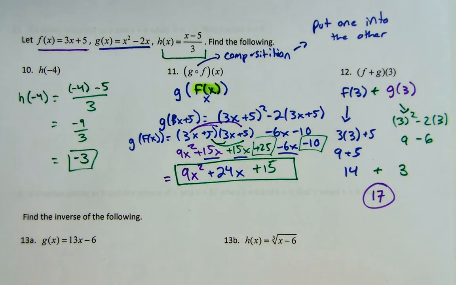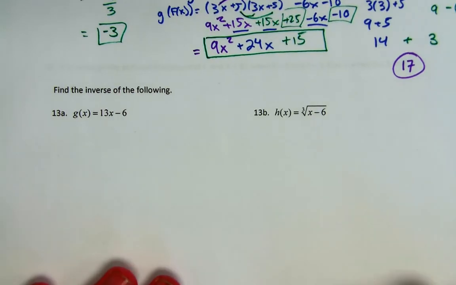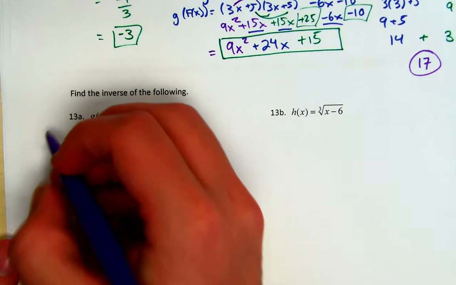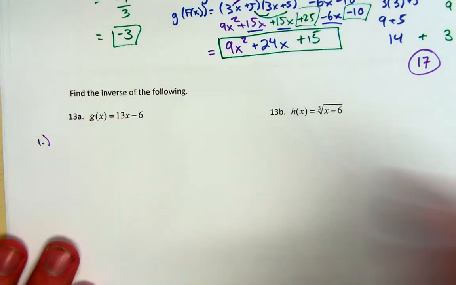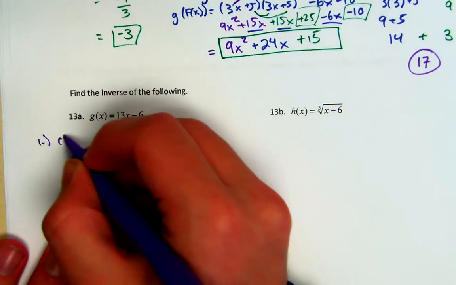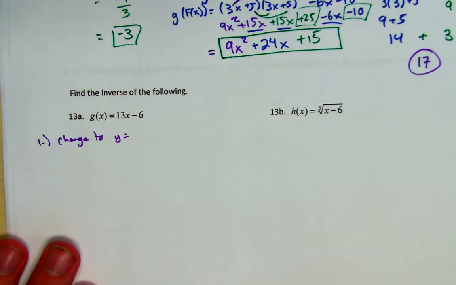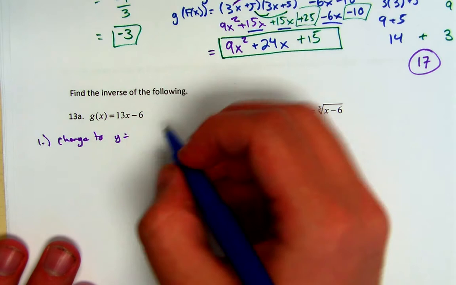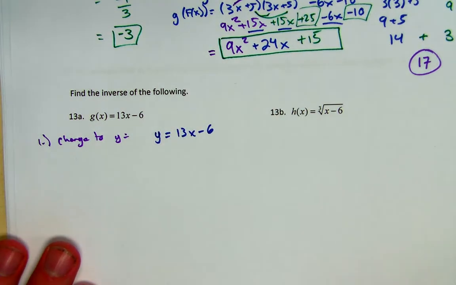Alright, and now we have to find inverses. Remember, finding inverses, first we're going to change the function to y equals. So changing to y equals, we get y equals 13x minus 6.